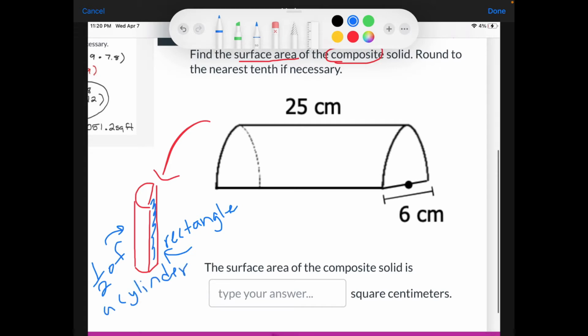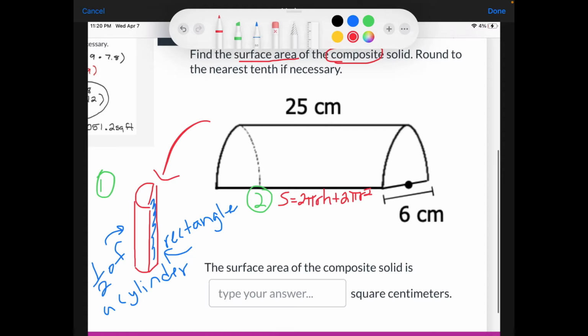Okay, so first thing we have to do when we're working these problems is to identify the shapes that we have. Second step is to actually find the surface area. So let's start with the surface area of a cylinder. Now, the formula for the surface area of a cylinder is 2 pi r h plus 2 pi r squared.